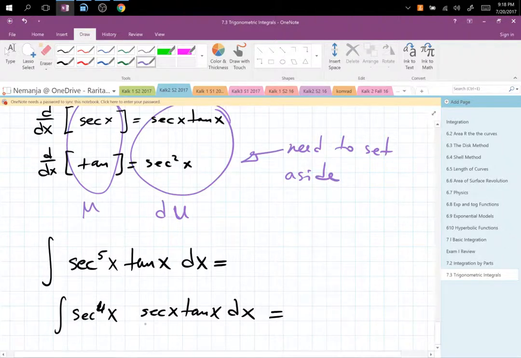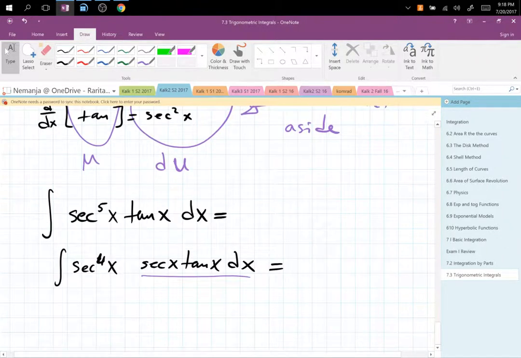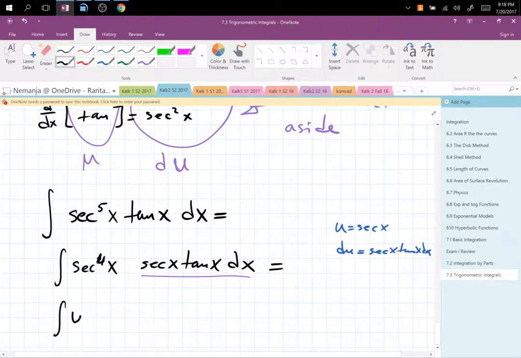This is the part that I set aside. So u is secant x, du is secant x tangent x dx. And now we have u to the 4th du, which is 1/5 u to the 5th plus c.